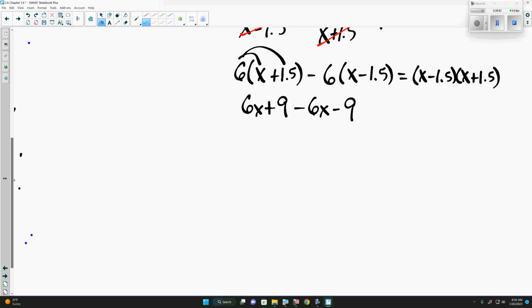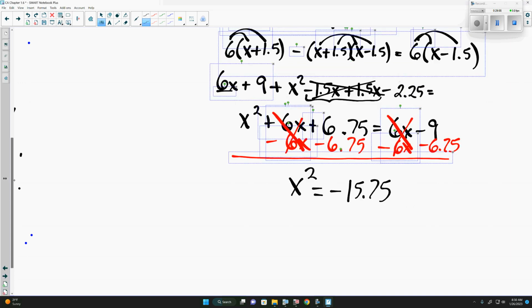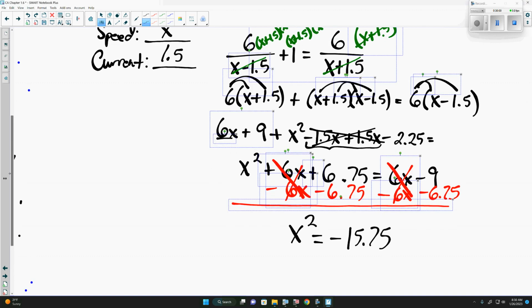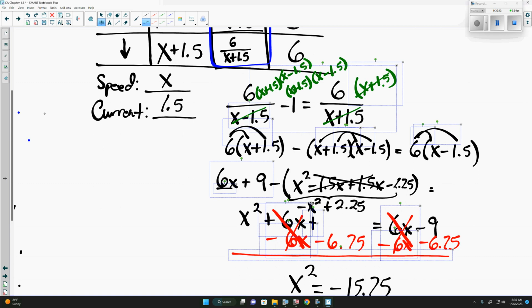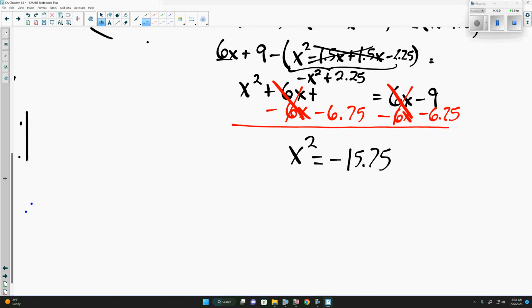I'm going to go back a little bit because with changing that to a negative, okay, thank you. This here would have actually worked if I would have actually taken the time to go all the way through with this here.